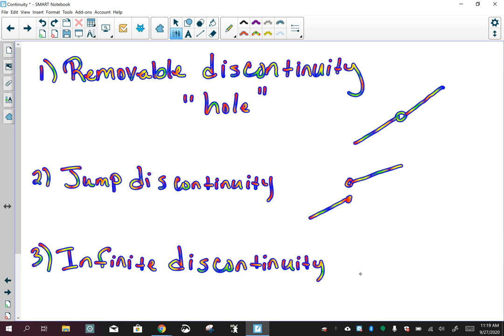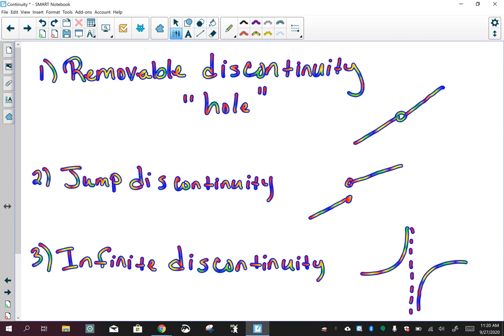So you've got a graph that's coming in and doing something like this, and then we'll come out around and do something like this, and you've got this asymptote right here that is running along. So these are your 3 types of discontinuity.